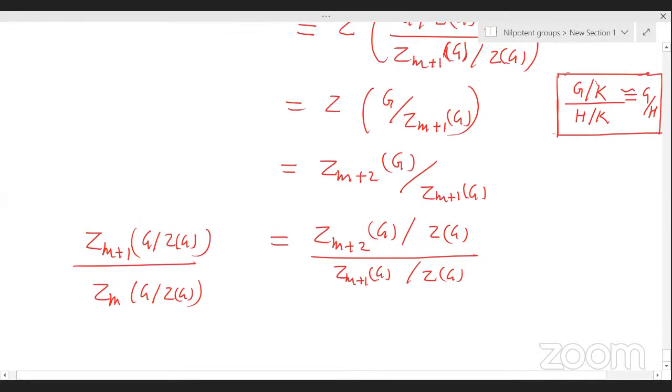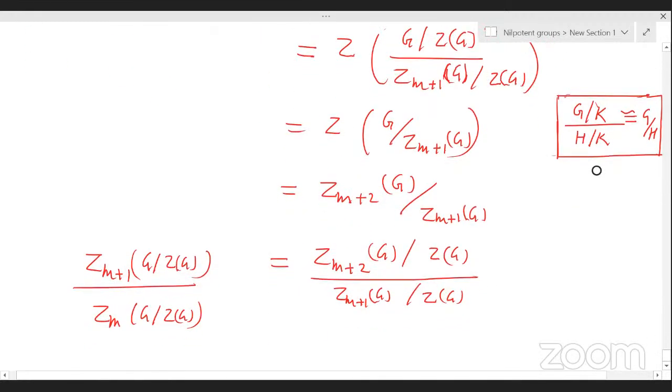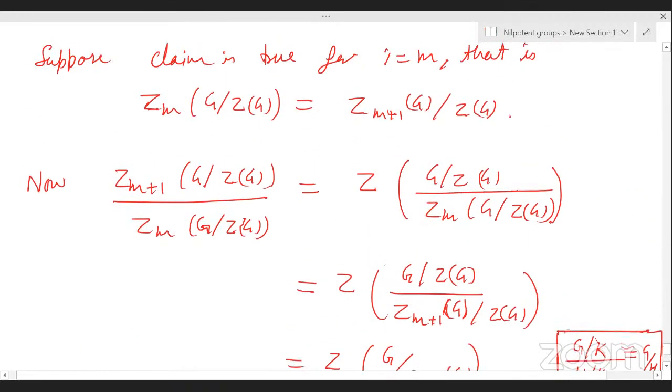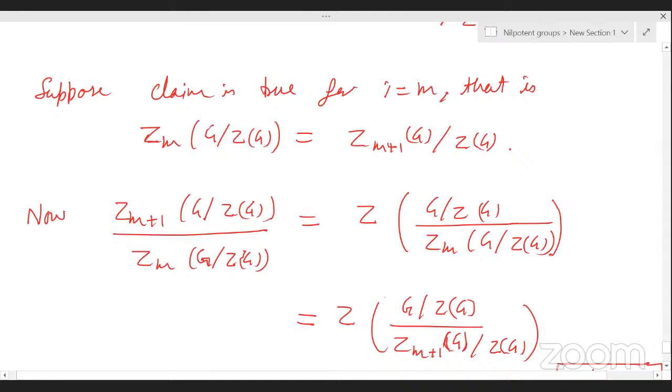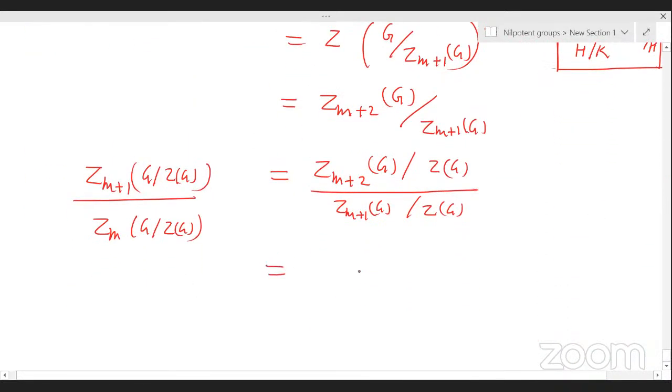Okay. Now see, what is Z_{m+1}(G)/Z(G)? By induction it can be written as Z_m(G/Z(G)). Okay, so we can write it as, in the denominator, Z_m(G/Z(G)), and in the numerator it is Z_{m+2}(G)/Z(G).